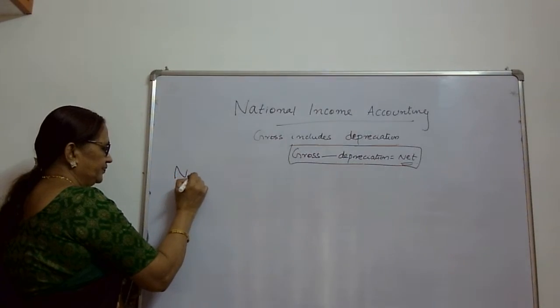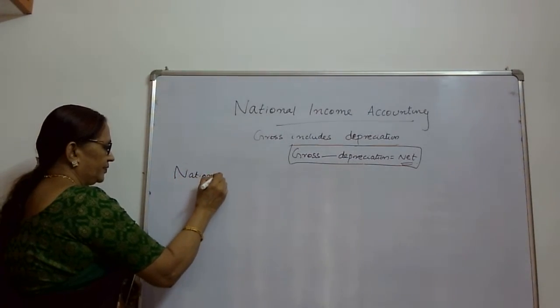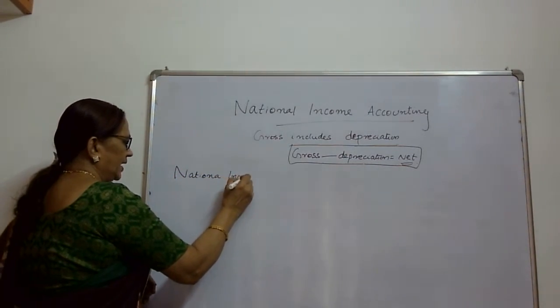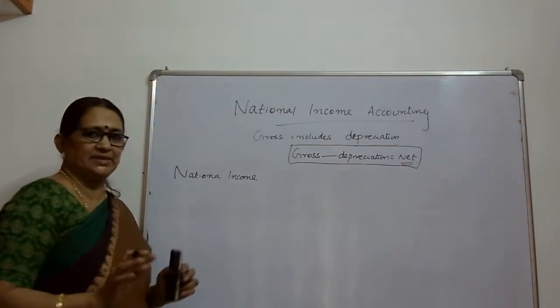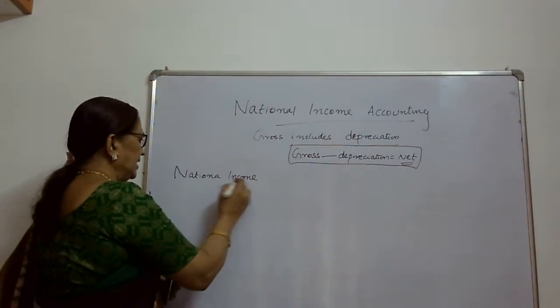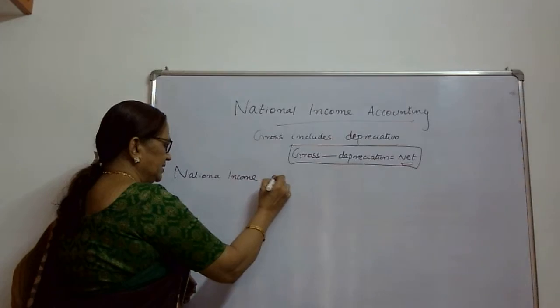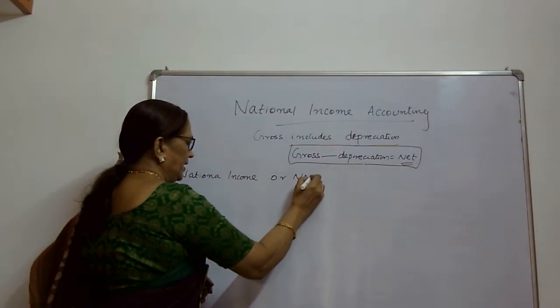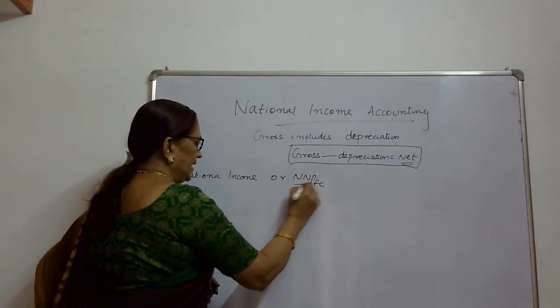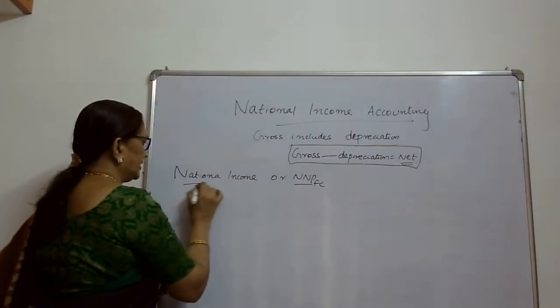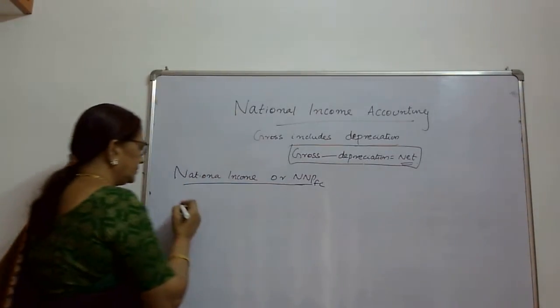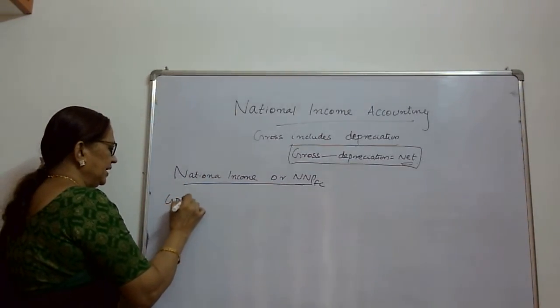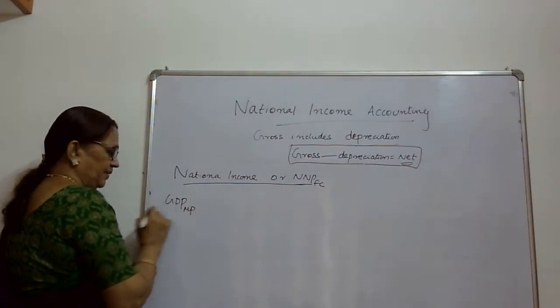National income, that is if the aggregates are given. National income means NNP at factor cost, net national product at factor cost, when GDP at market price is given.